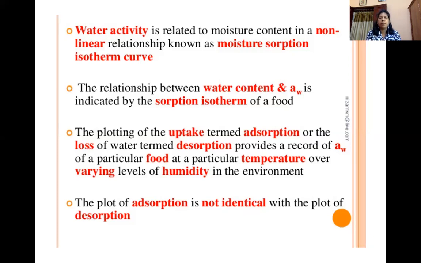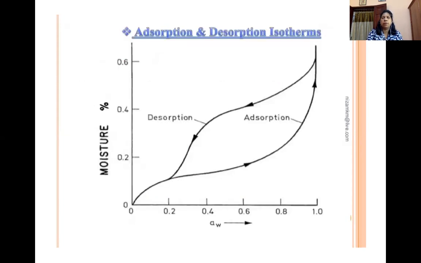That is the reason we cannot overlap these two, absorption and desorption moisture isotherms together, right? Because the varying levels of humidity in the environment produce different levels of water vapor. The plot of absorption is not identical with the plot of desorption, right?